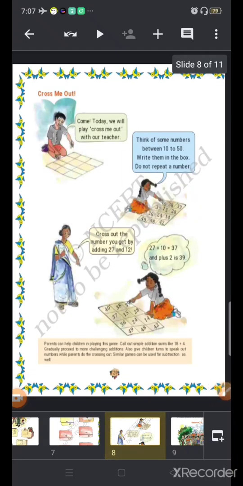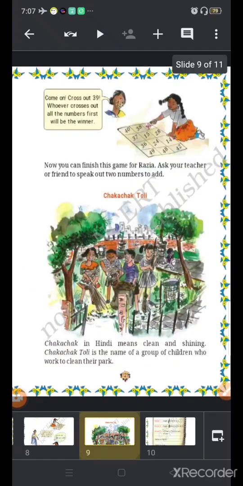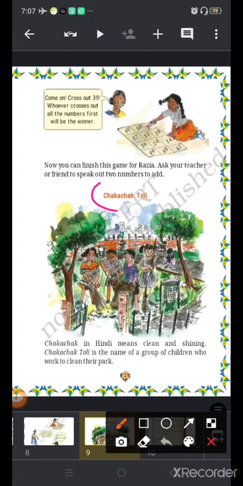What is our next page? Here, Chakachak Toli. Chakachak means cleaning Toli. So what are they doing? Chakachak in Hindi means clean and shining. Chakachak Toli is the name of a group of children who work to clean their park.